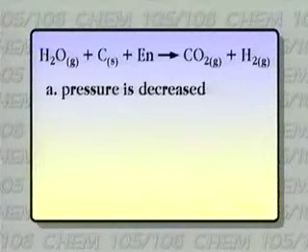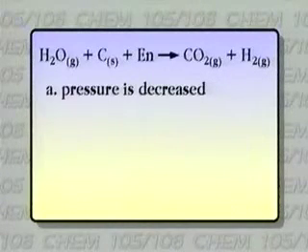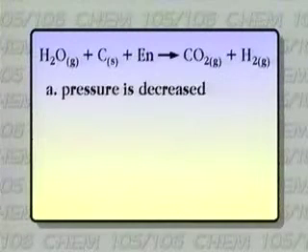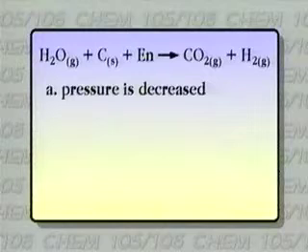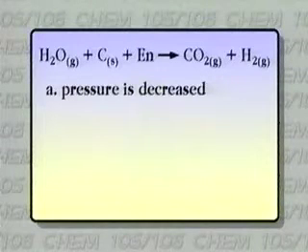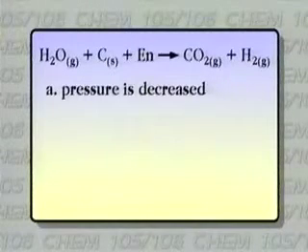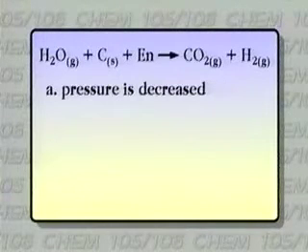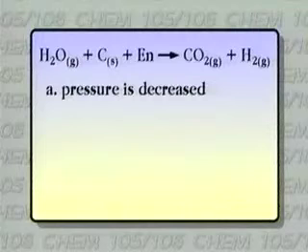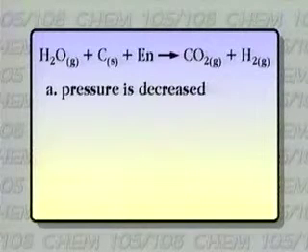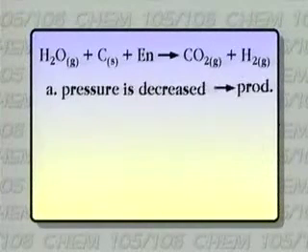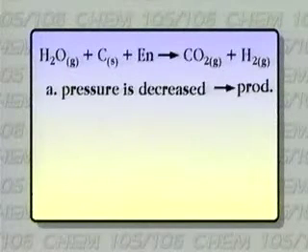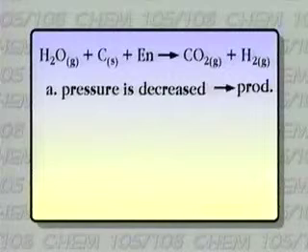So we look at the two sides of the equation, and we see that on the product side, we have 2 moles of gas. On the reactant side, we have only 1 mole of gas. Therefore, if the equilibrium were to shift towards the product side, we would increase the number of moles of gas, and increasing the number of particles of gas would increase the pressure.